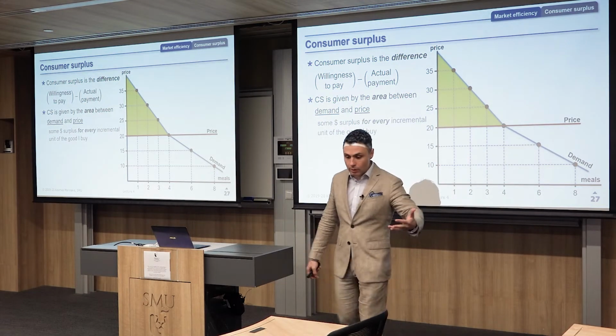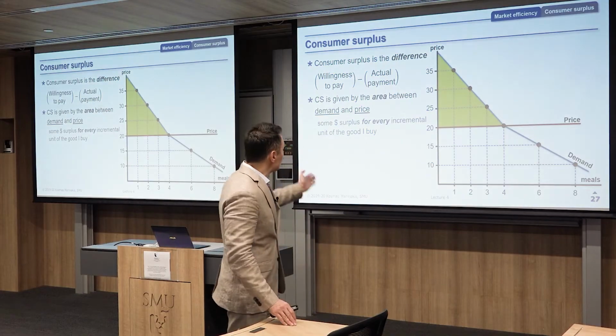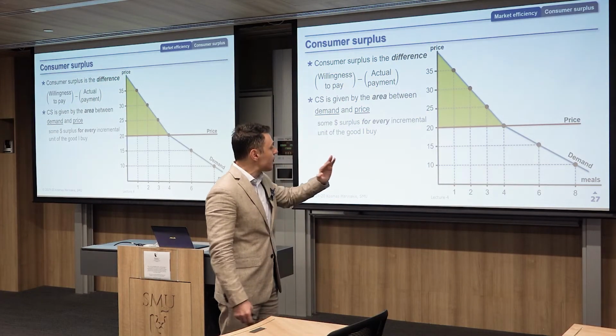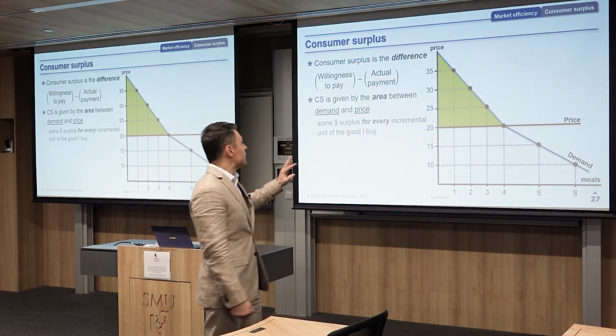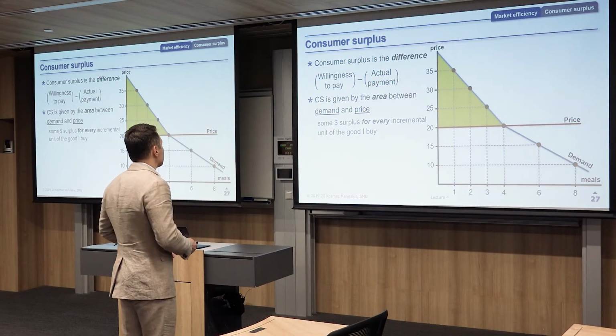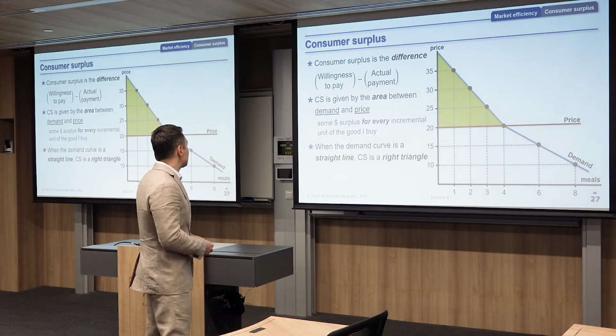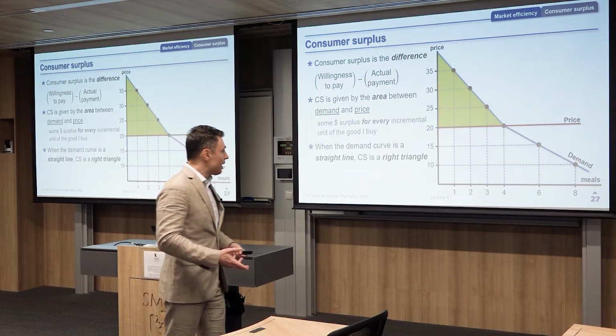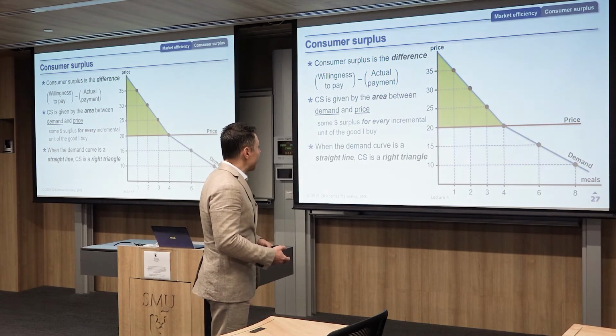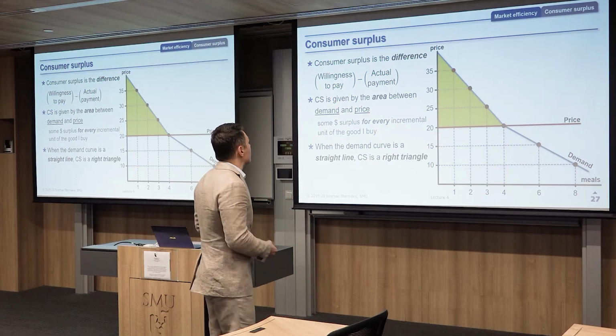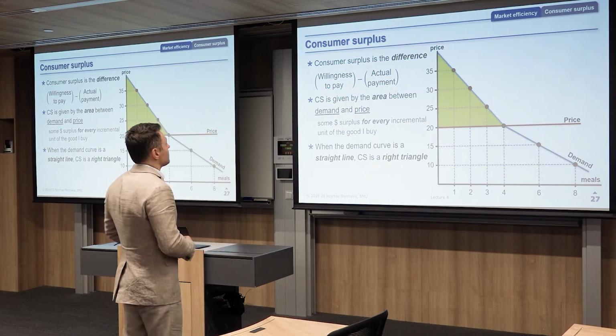I buy 4 units. So from 0, 0.1, 0.2, and all these numbers between 0 and 4, this yields the consumer surplus. When the demand curve is a straight line, like for example here, from the equilibrium and above, the demand curve is a straight line.